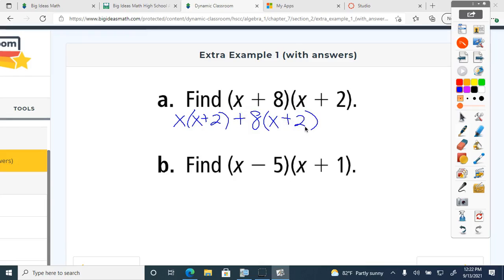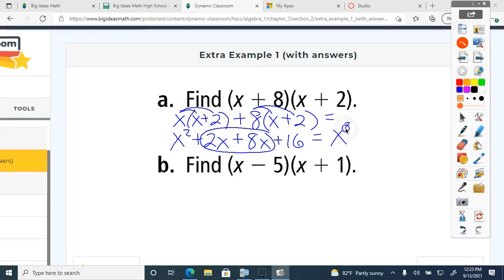All right, distribute. It'll be x squared plus 2x plus 8x plus 16. Add your like terms here in the middle. That'd be x squared plus 10x plus 16.